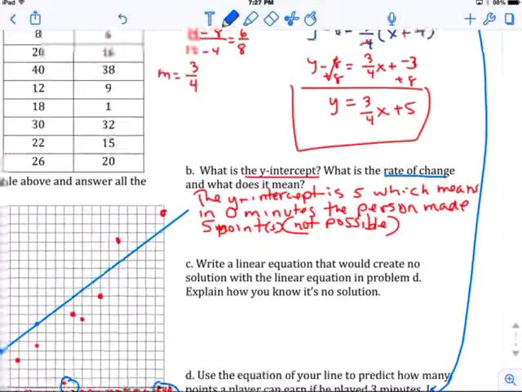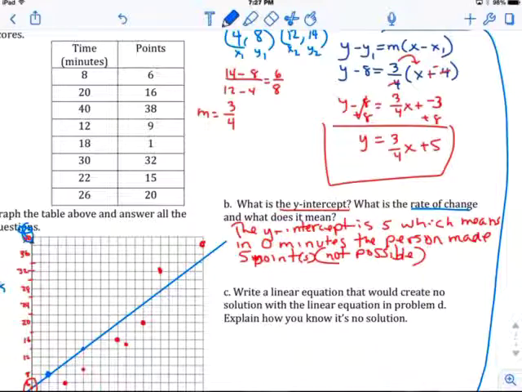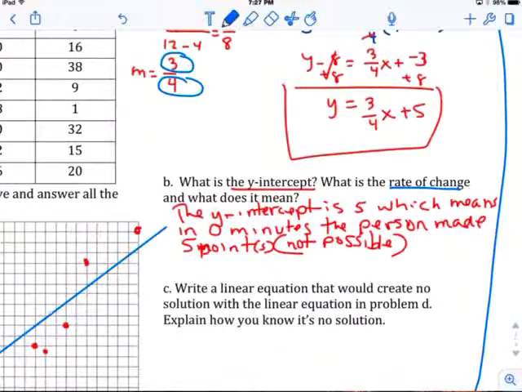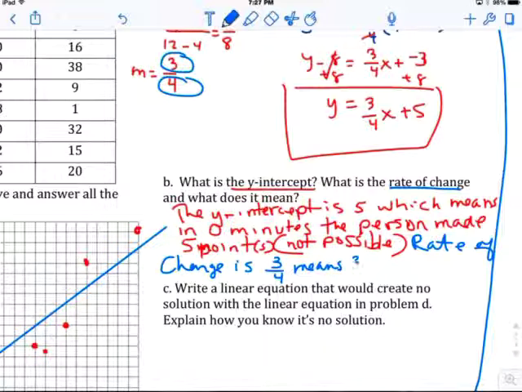Rate of change is 3 points. Y is your 3. This is Y2 for every 4 minutes. Rate of change, 3 over 4, means 3 points for every 4 minutes.